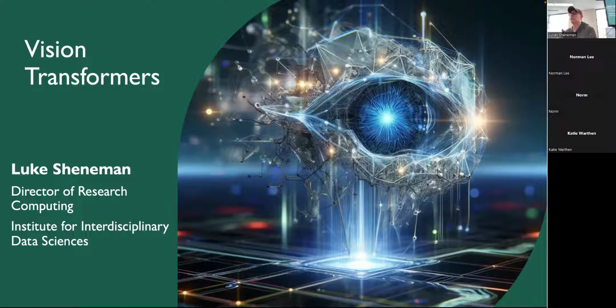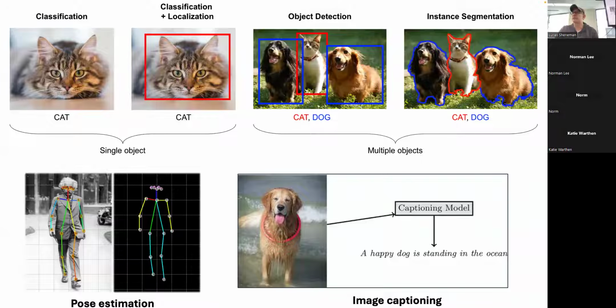But vision transformers have gained in popularity in recent years, and I'll be talking at some length about them. And they intersect large language models to some extent, and I'll explain that in a minute because it's fundamentally the same architecture.